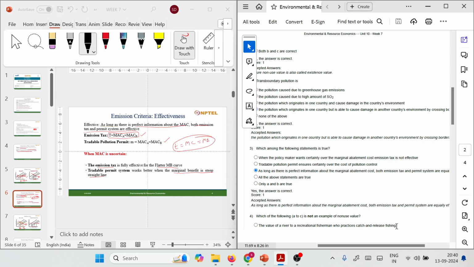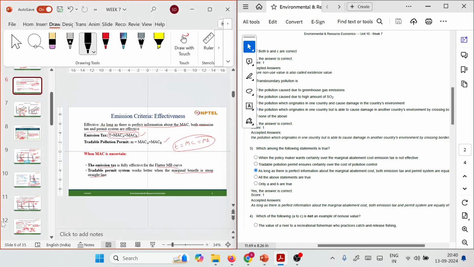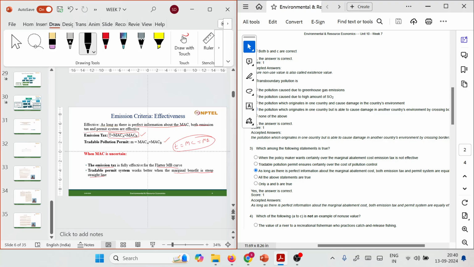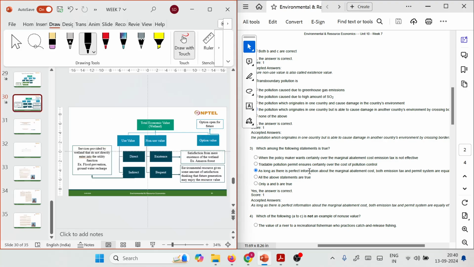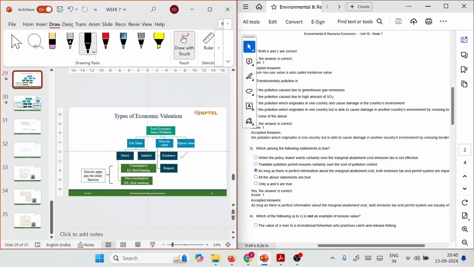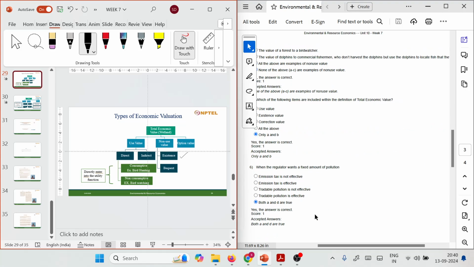This is not a non-use value case. It can be termed as non-consumptive use value, right? So it is not non-use value.